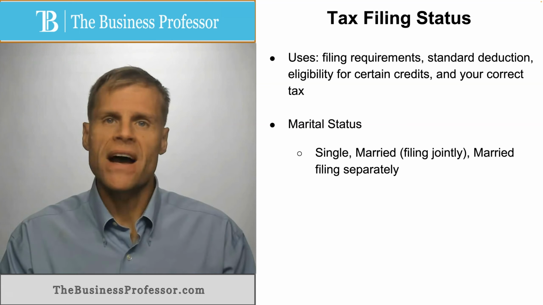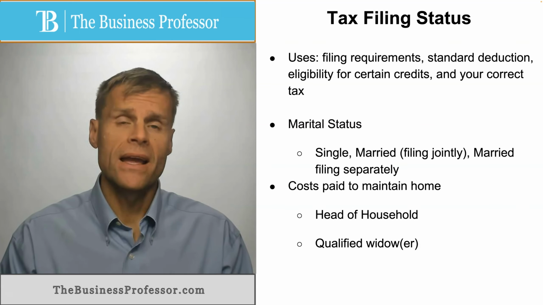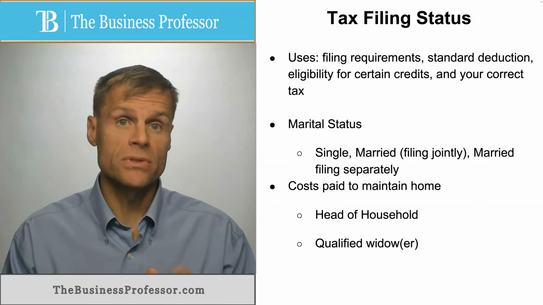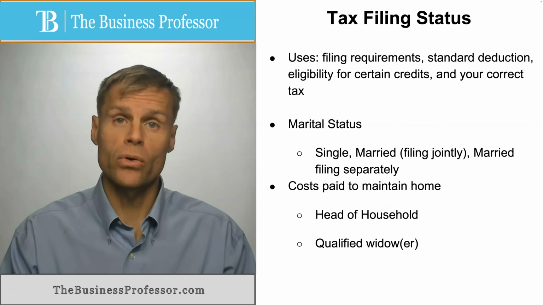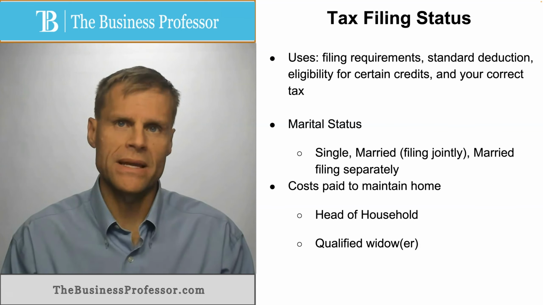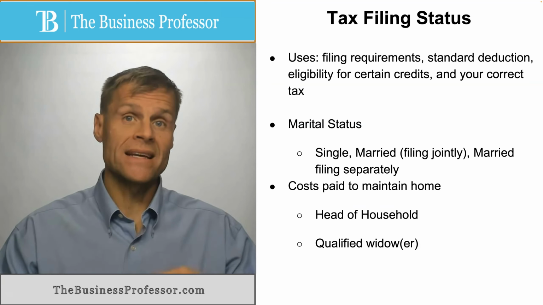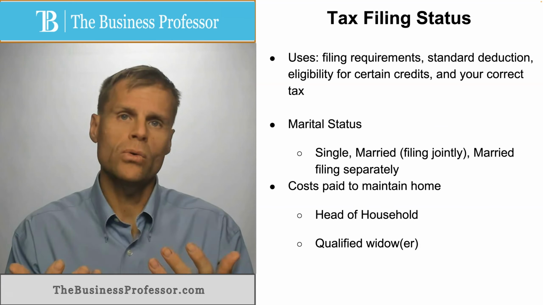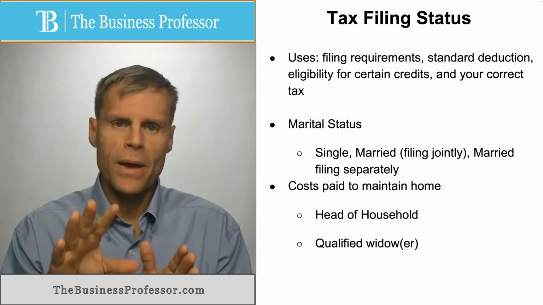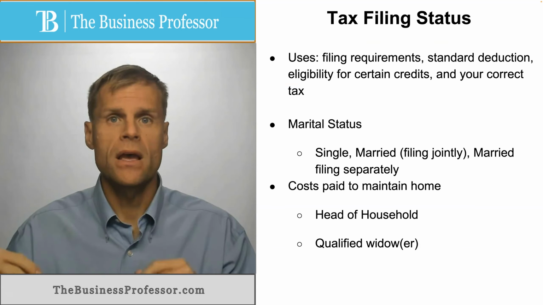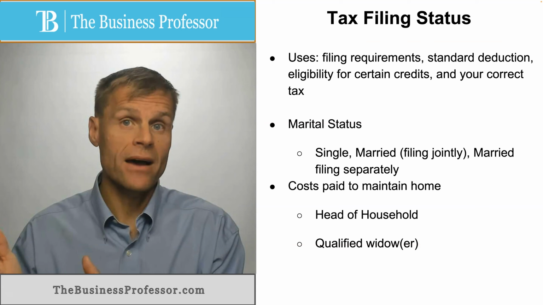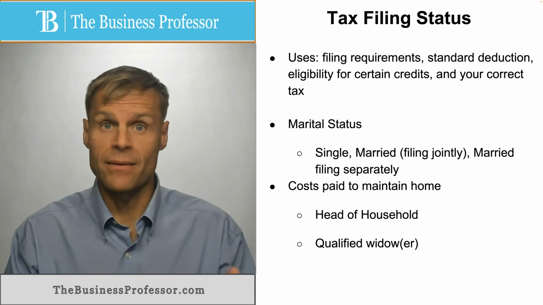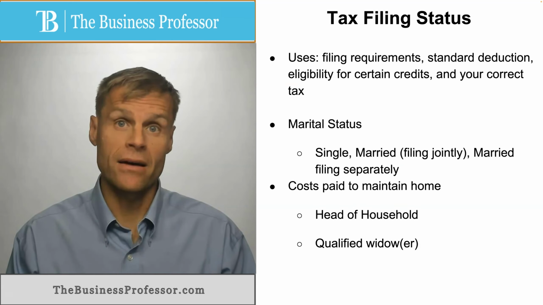Now, the next filing status or category is based upon who supports the individual's lives in the household or who pays the household expenses. The first is known as head of household, and this is generally an individual or single tax filer who pays the majority of expenses for maintaining or upkeep of the household, which includes dependent members of your family or other dependent members of the household.